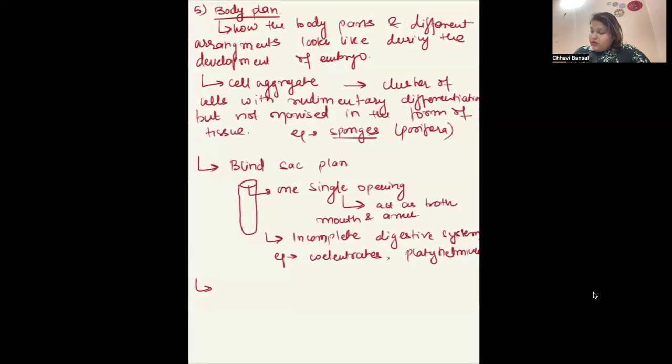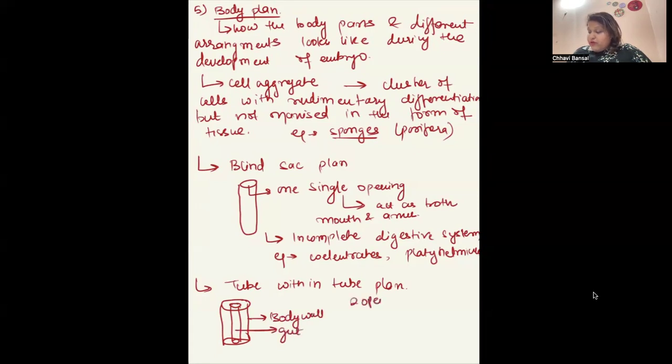Third is tube within tube plan. What does that mean? For example, there is a cylinder and there is another cylinder in it. Same way, this is our body wall and this is our gut. So it has two openings.